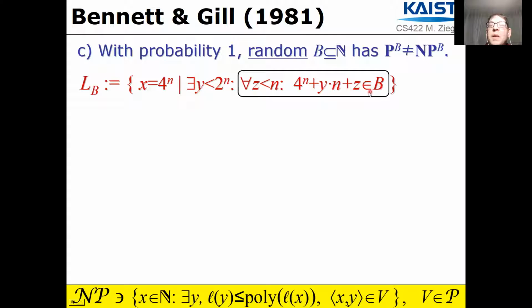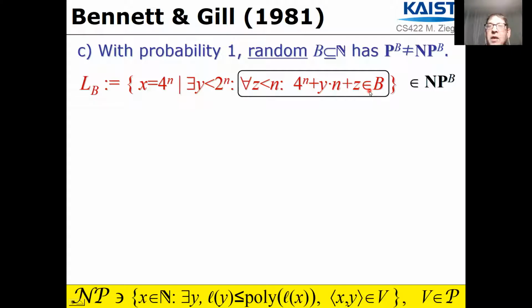And checking this inclusion is easy to do when you have oracle access to B, because it's defined in terms of B anyway. So this is obviously in NP with B oracle.